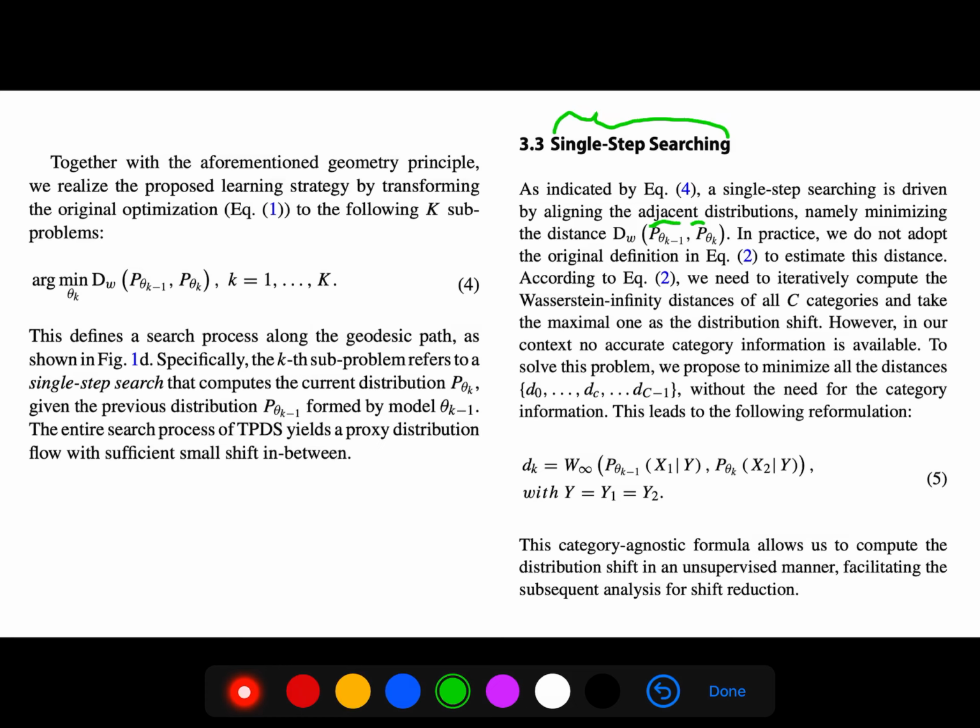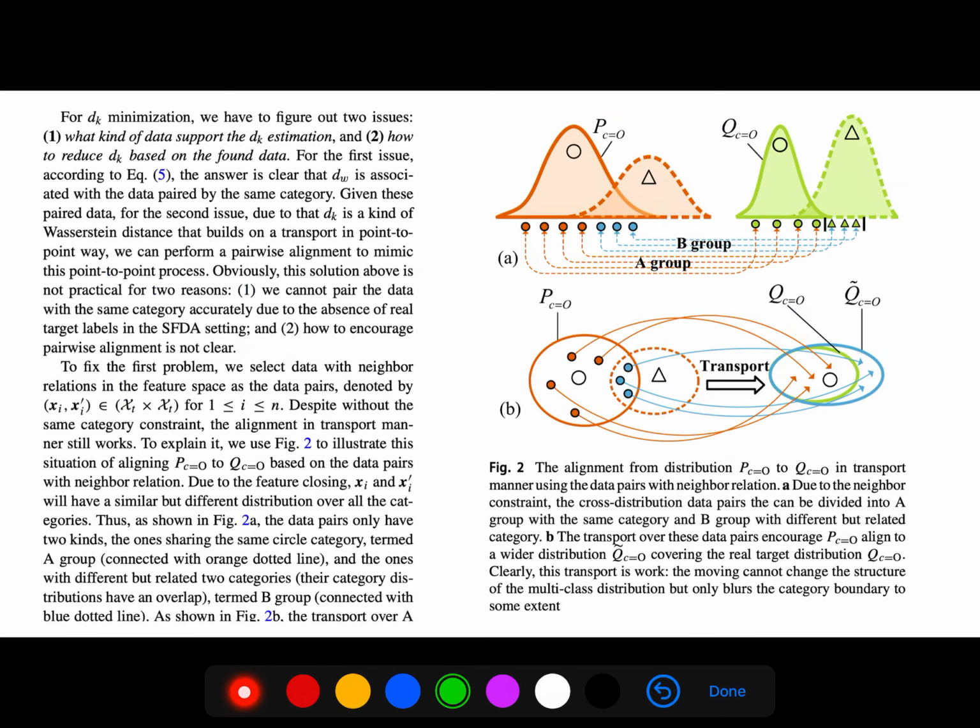However, in our context, no accurate category information is available. To solve this problem, we propose to minimize all distances without the need for the category information. This leads to the following reformulation. This category agnostic formula allows us to compute the distribution shift in an unsupervised manner, facilitating the subsequent analysis for shift reduction.